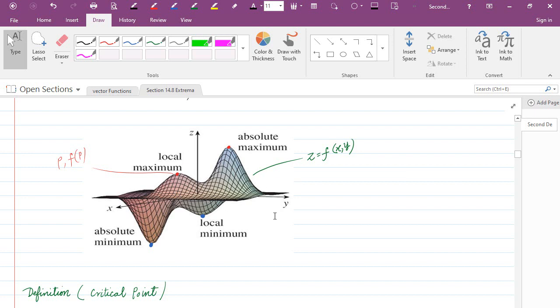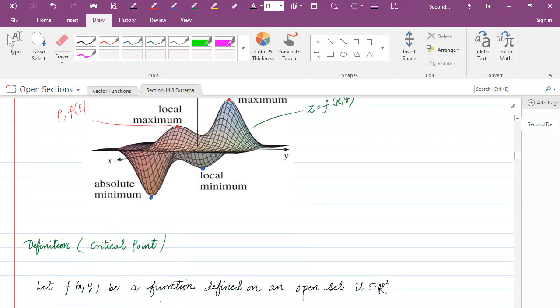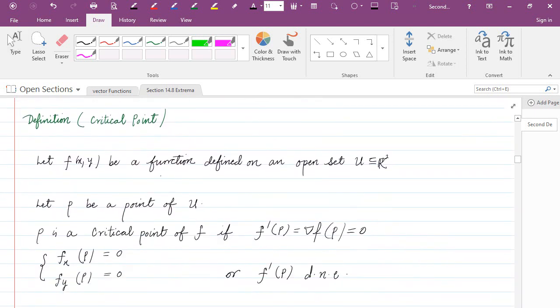And so these points that we have here, these are called critical points.